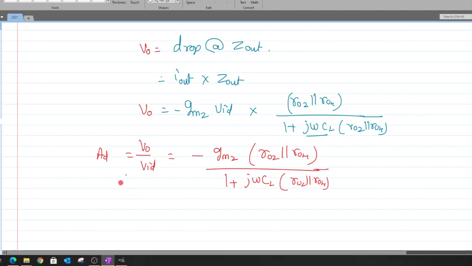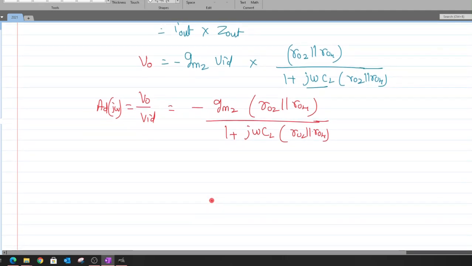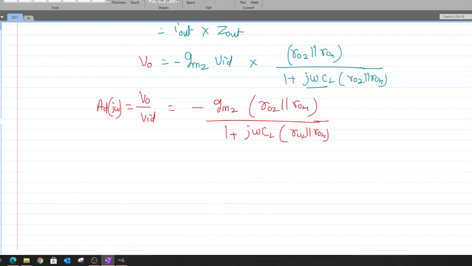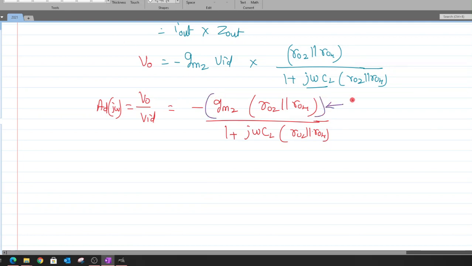Now this is a transfer function which I can write as AD of j omega. Clearly you could see that there is a DC term that sits here, which is the gain term that I have. This acts as my DC gain of the circuit, and there is a denominator term which looks like a pole term.